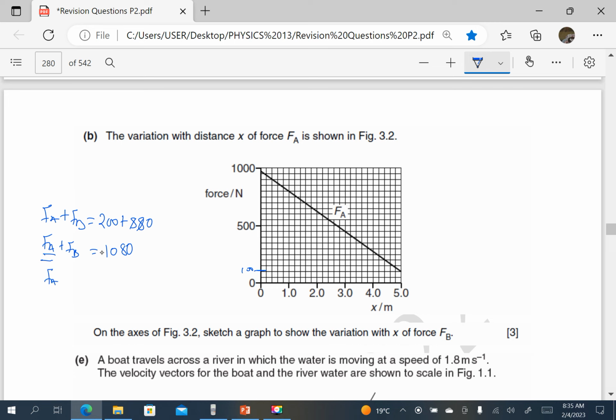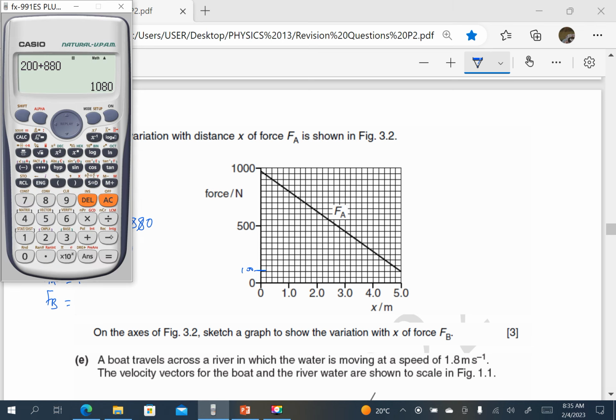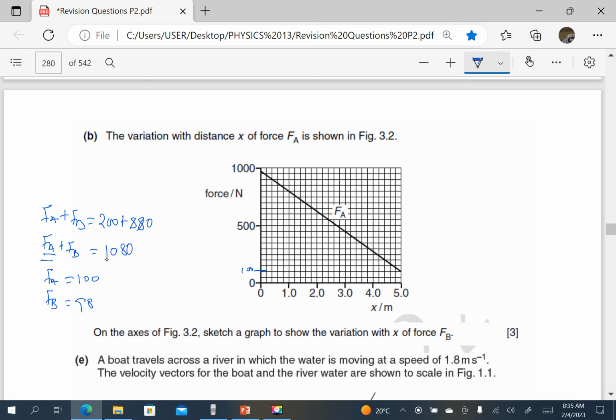For Fa equals 100, Fb will be equal to 1080 minus 100, that is 980. And I think 980 is here. When Fa is 100, that is at 5 meters, the other one will be 980. And when Fa is 980, the other one should be 100.